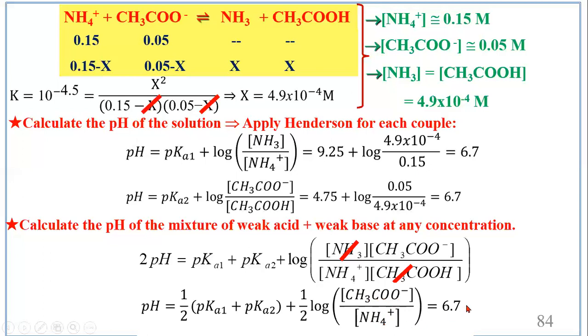Once you plug it in, you will see that the pH is actually equal to 6.7 as well. Try it out and you will see that it's exactly the same as that. What would I do? I would just choose one couple and solve the pH from there. Okay, that's what I would do.